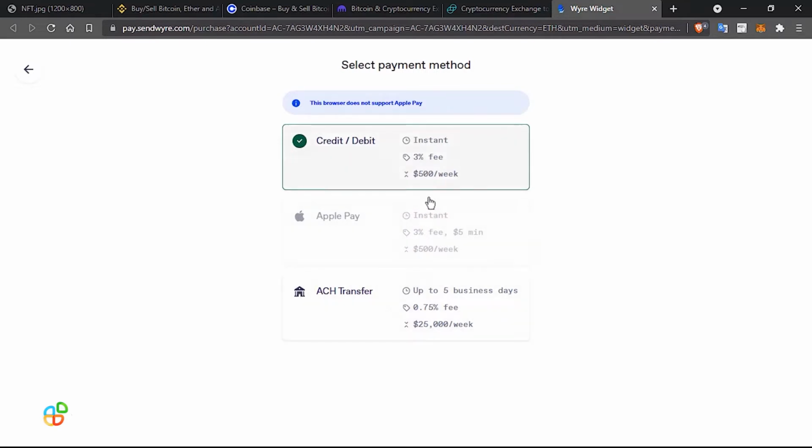With credit or debit card there is a 3% fee, however this is instant. With Apple Pay there is also a 3% fee, and this is also instant but needs a minimum of $5. And through direct bank transfer, or this ACH transfer, this might take up to 5 business days. However, the charges are just 0.75 percent.